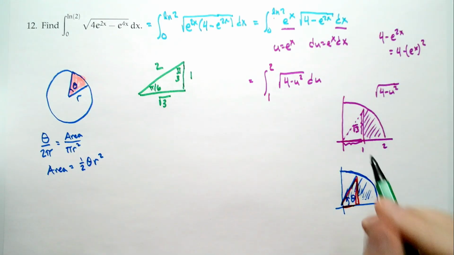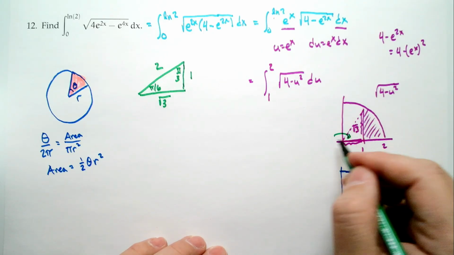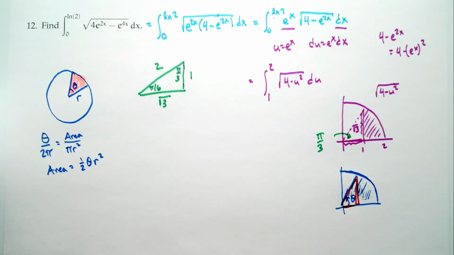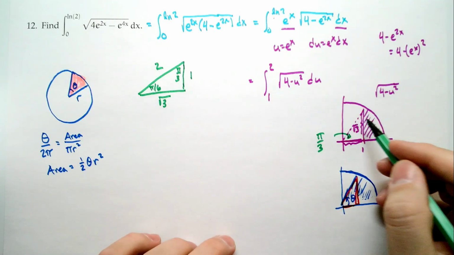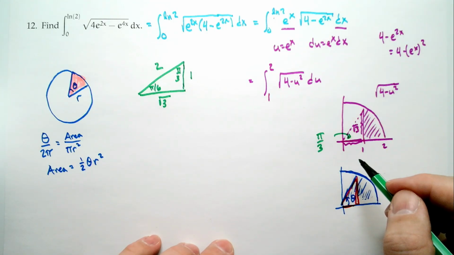And so, what's this angle? It's pi over 3. So that tells us this is pi over 3. Now, one way you can think about it is pi over 3 is like a 60-degree angle, if you're more comfortable with degrees, which means that this wedge would be 1/6 of the whole circle.